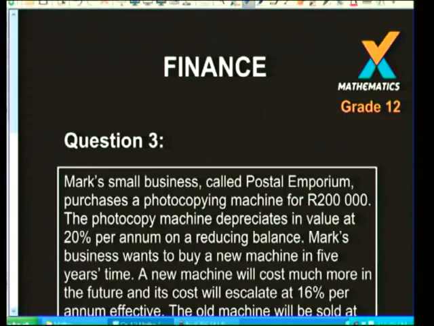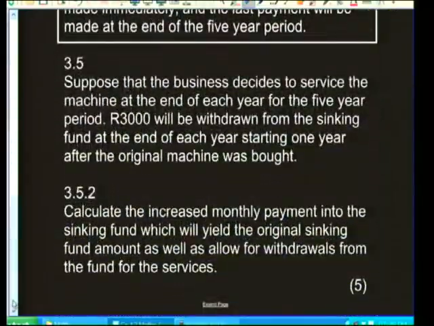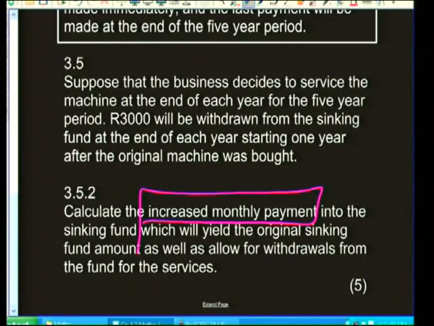Now, the last question is going to say, if we're going to pay for our services out of our sinking fund, what are we actually going to have to put in? The scenario is there, and the question is there. Calculate the increased monthly payment into the sinking fund, which will yield the original.